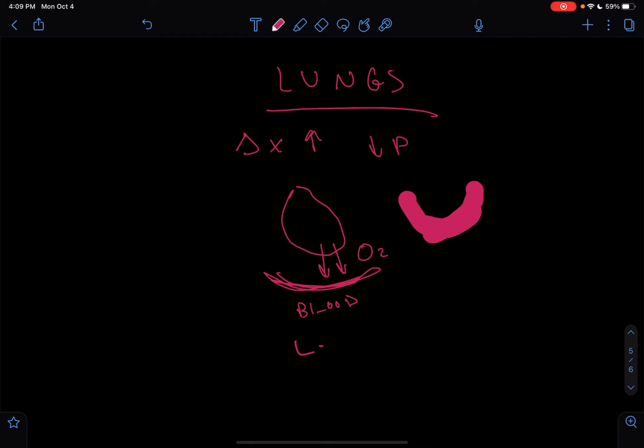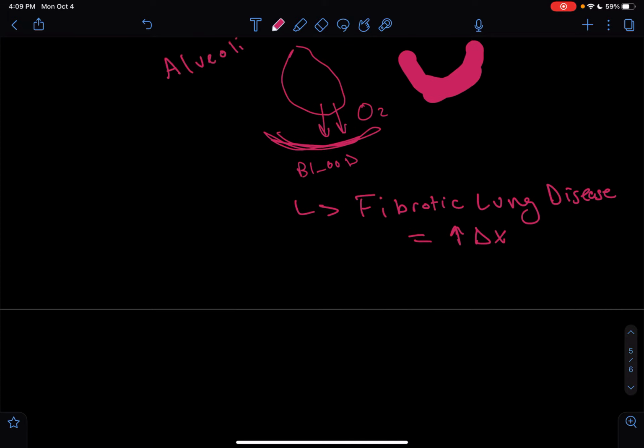This is for the alveolar, right? This is called fibrotic lung disease. So fibrotic lung disease just means increased thickness, okay?